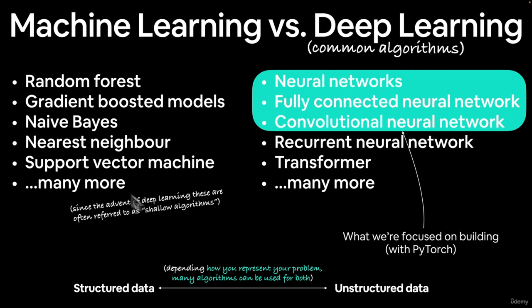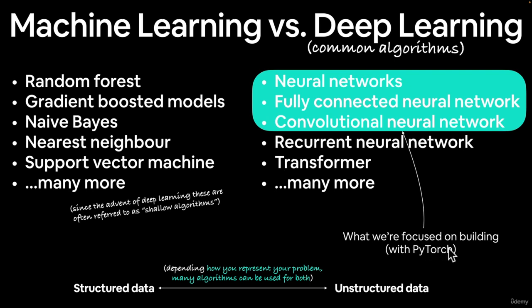The machine learning algorithms are typically best for structured data, the shallow algorithms, that is, because the deeper learning algorithms are better on unstructured data. So structured data is like tables with rows and columns, whereas unstructured is like audio and images and video. The more layers, the more chances you have to learn a representation of your unstructured data.